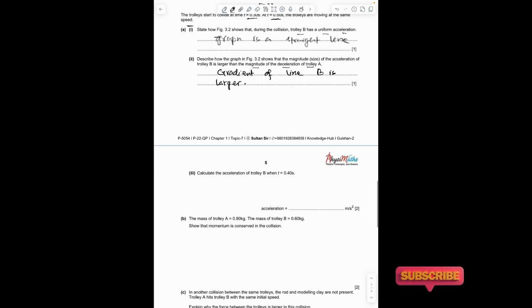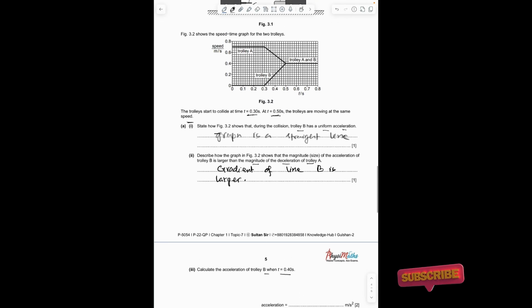Calculate the acceleration of trolley B when t equal to 0.40 second. At 0.3 second it was 0, and at 0.4 second it is 0.2 meter per second.